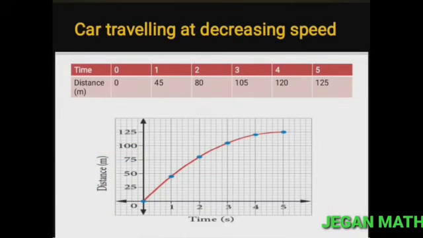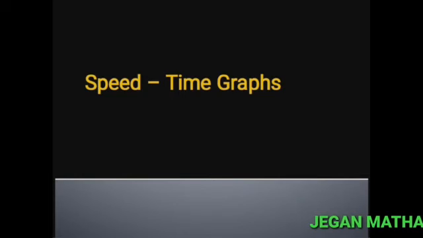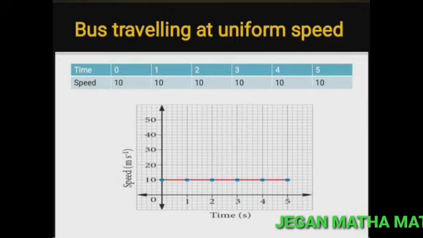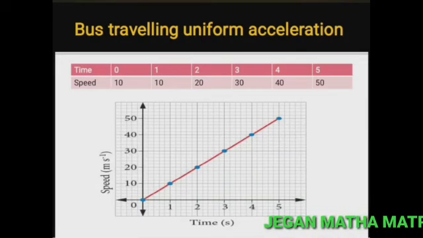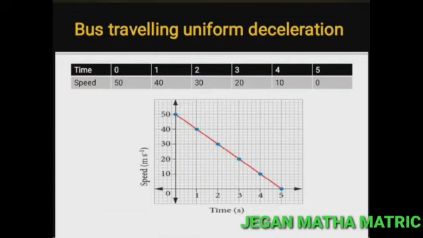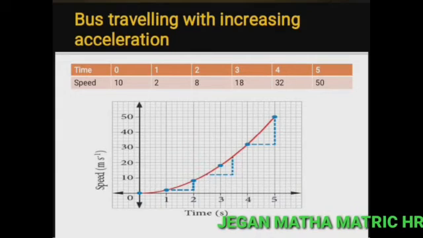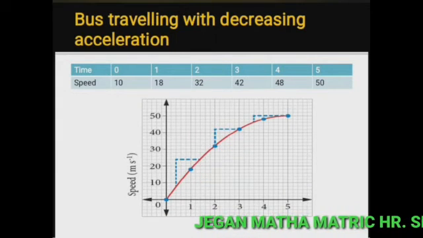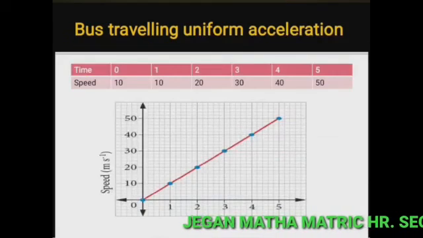The results for 4 possible journeys are bus at rest, bus traveling at uniform speed, bus traveling with uniform acceleration, bus traveling with uniform deceleration, then bus traveling with increasing acceleration and decreasing acceleration. Let us learn them one by one.